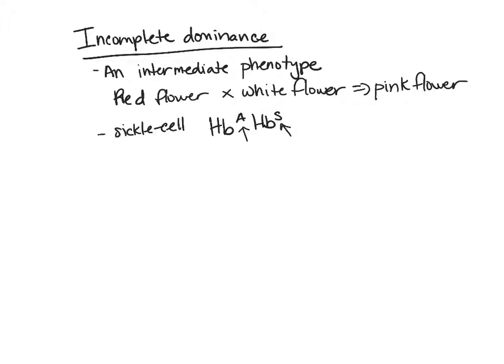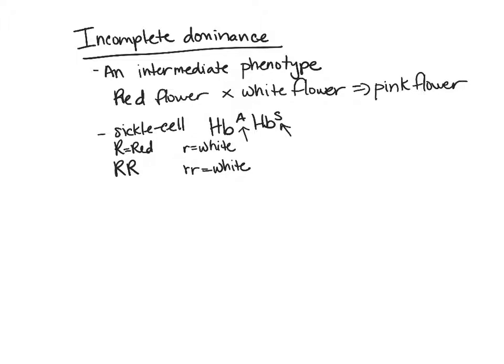So if we did a Punnett square for something that's incomplete dominance, let's use our flower color. So let's say we use big R, and R codes for red. And then we have white. So little r is going to code for white.